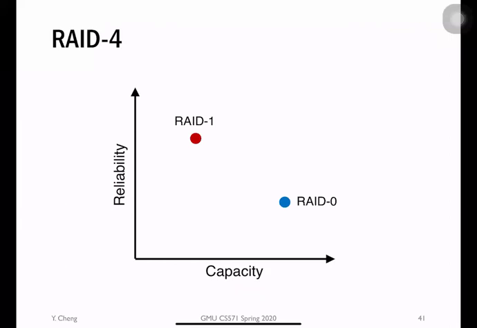It's because RAID-0 sacrifices reliability, it provides zero reliability, but it does provide the best capacity efficiency because it doesn't use redundancy at all. So RAID-0 represents one extreme of this two-dimensional spectrum. Here, we're not considering performance as a third dimension. We don't consider performance so far.